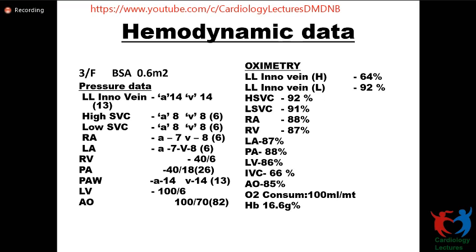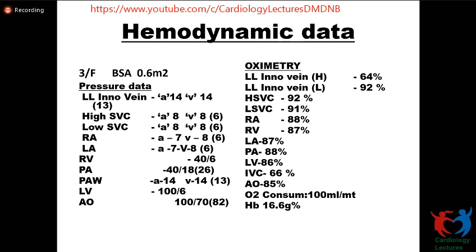There are only three conditions where the pulmonary artery oxygen saturation is more than the aortic saturation: one, transposition of great arteries; two, Taussig-Bing anomaly; three, total anomalous pulmonary venous drainage of the supracardiac variety. Once you see this, you should immediately think that one of the three should be fixed. Okay. Now Radharshan, continue with oximetry.